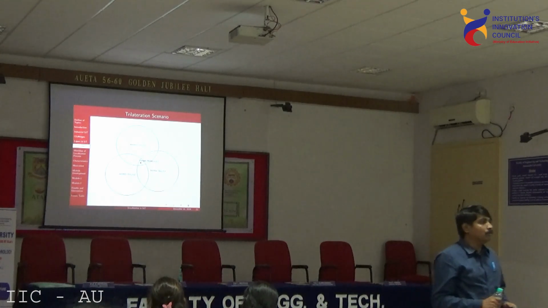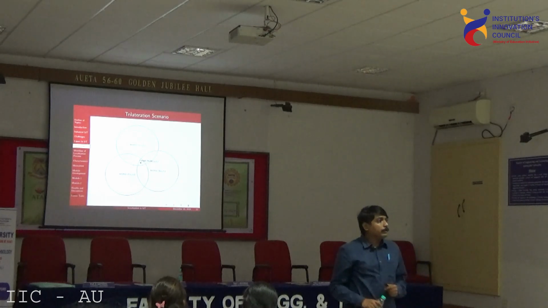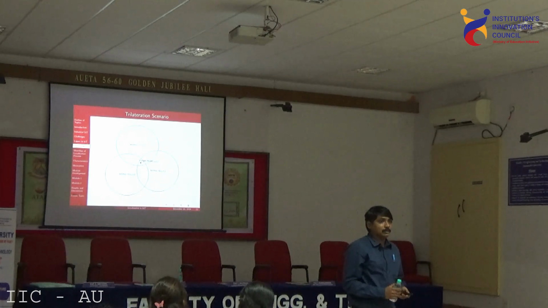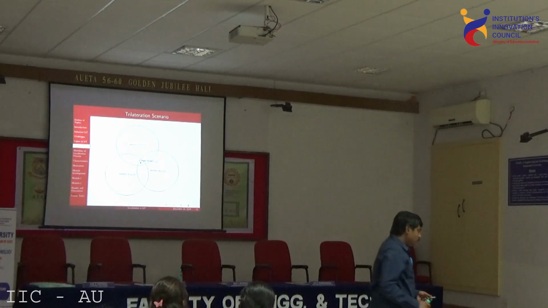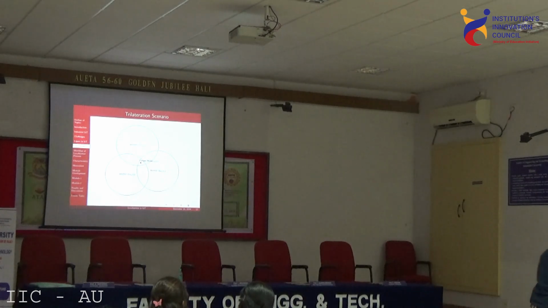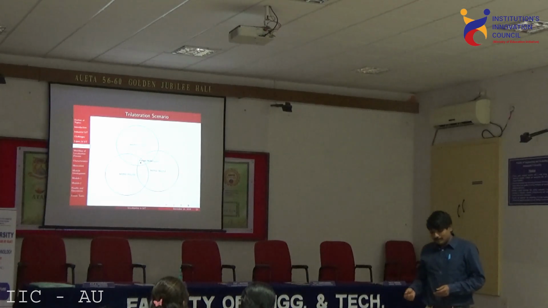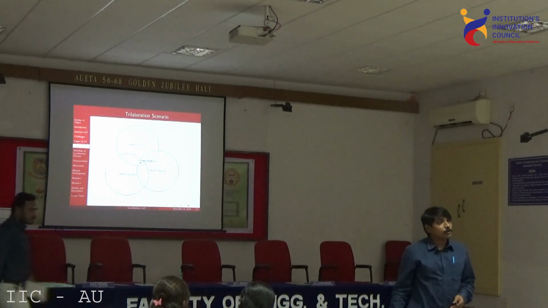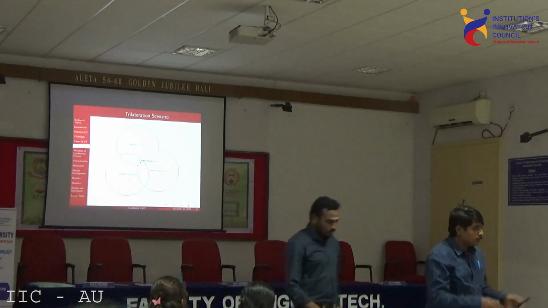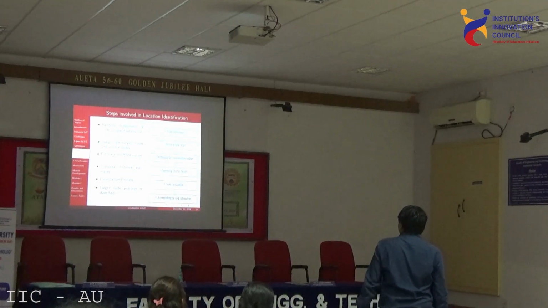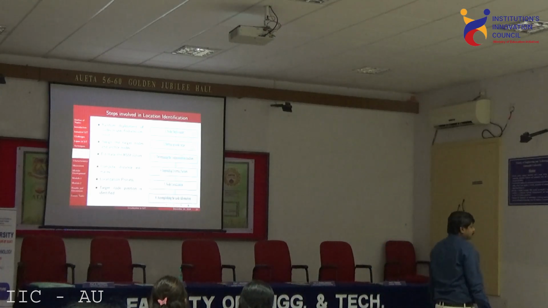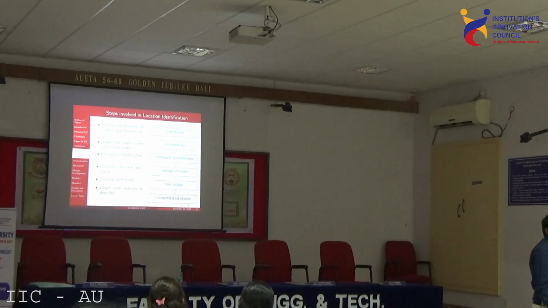For the next 30 minutes, we are going to see how we can do this location intelligence. I am using the word easy, but it cannot be done that easily. We need to know certain mathematical models and optimization techniques to understand it, so I will try to touch on them here and there. These are the steps in a location identification system.